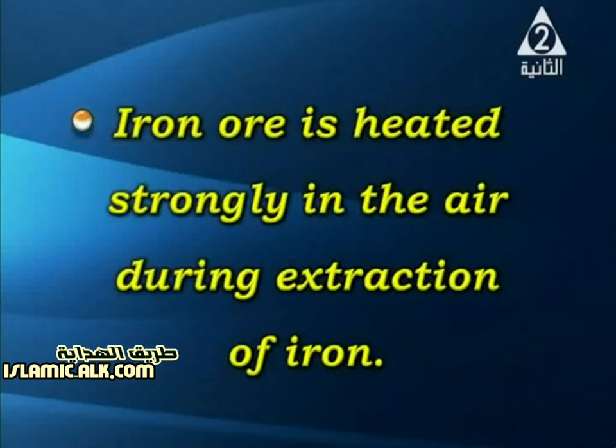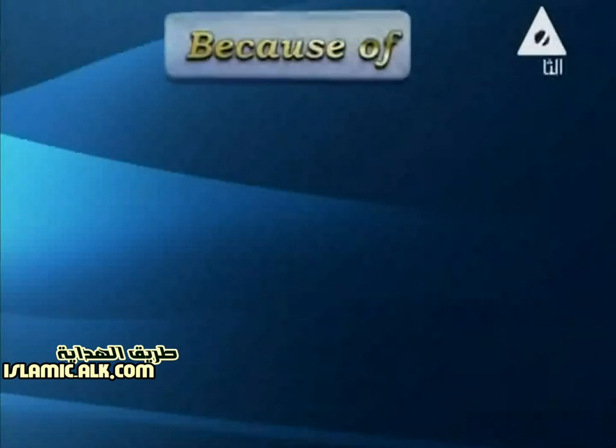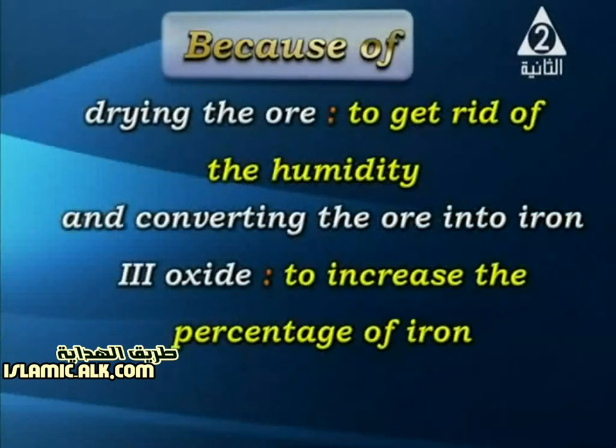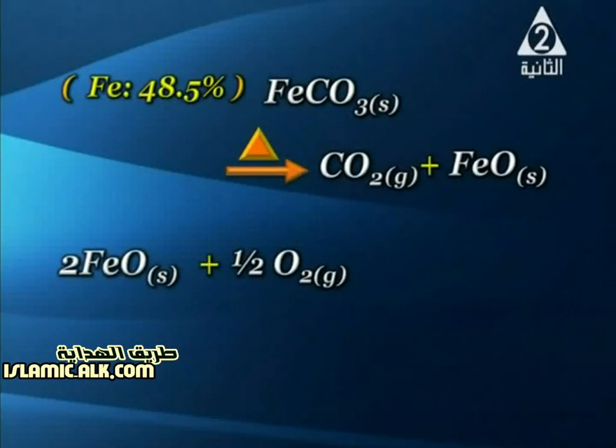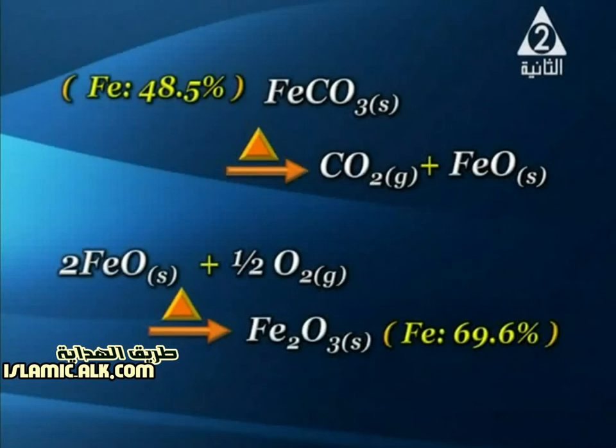Iron ore is heated strongly in the air during extraction of iron because of drying the ore to get rid of humidity and also converting the iron ore into iron 3 oxide that increases the percentage of iron, such that when heating iron 2 carbonate, it gives carbon dioxide and iron 2 oxide, then oxidation of iron 2 oxide by air gives iron 3 oxide.